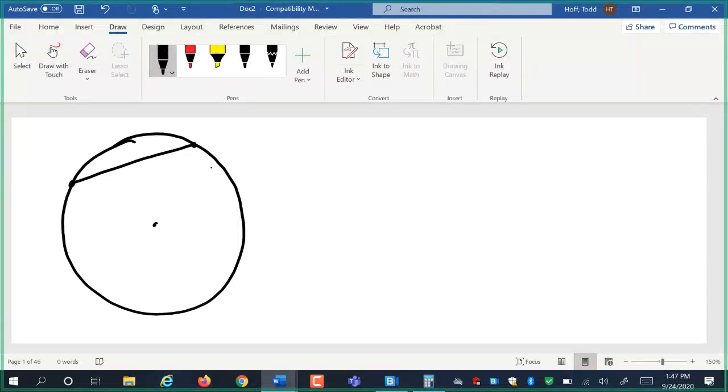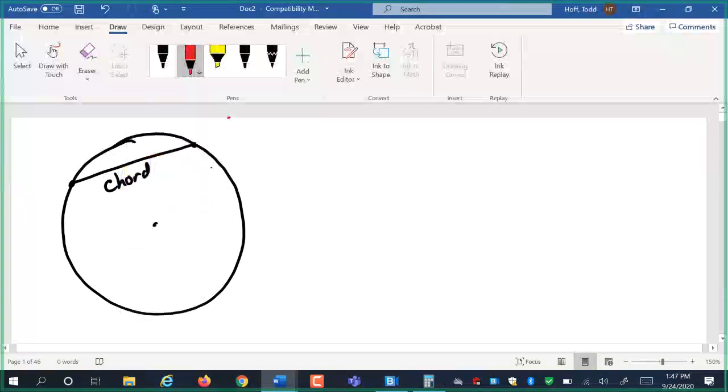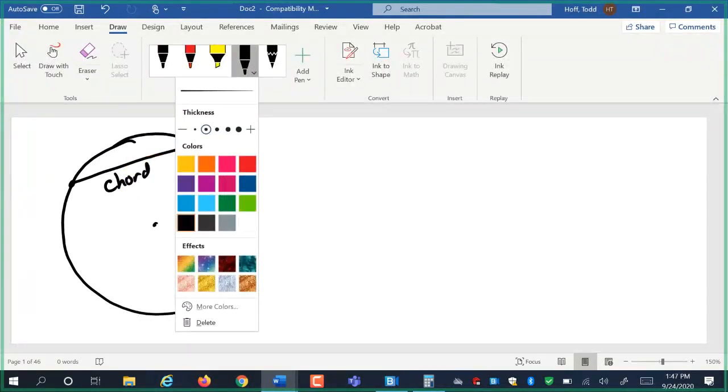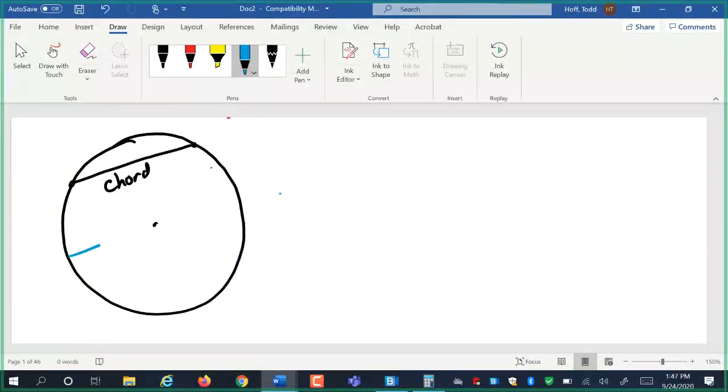So there's an object called a chord, which is a line segment that has its endpoints on the circle. Then there is a feature called the diameter.